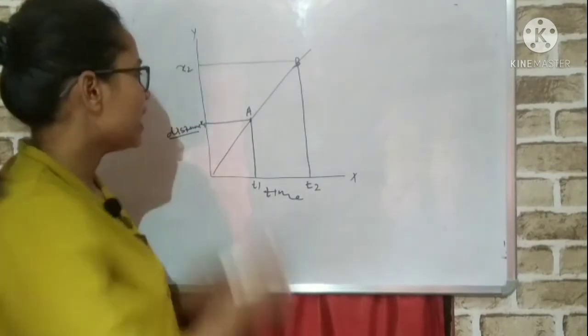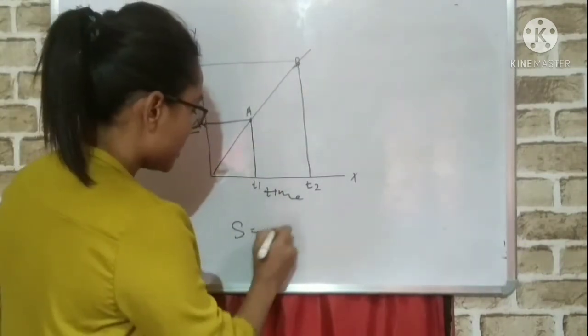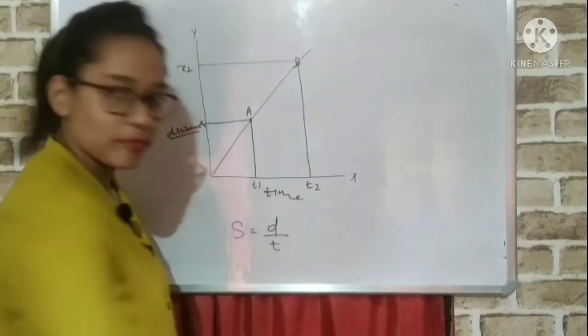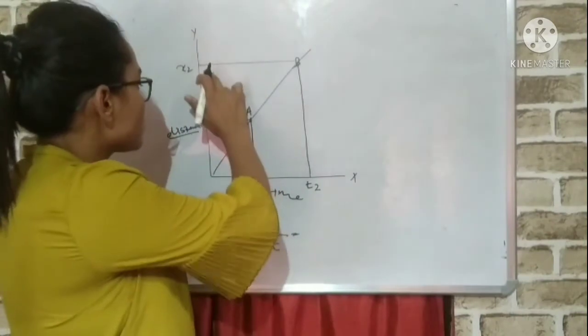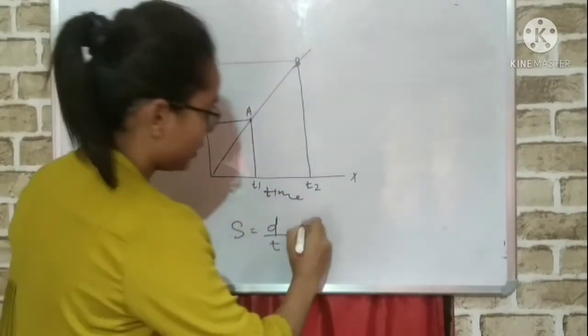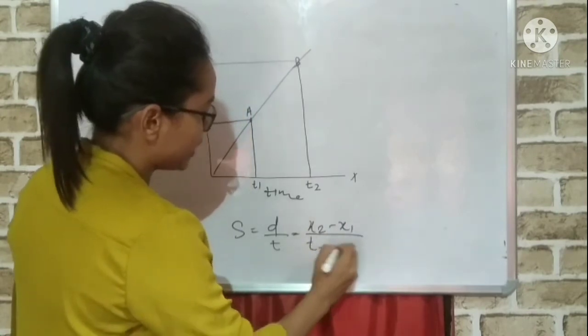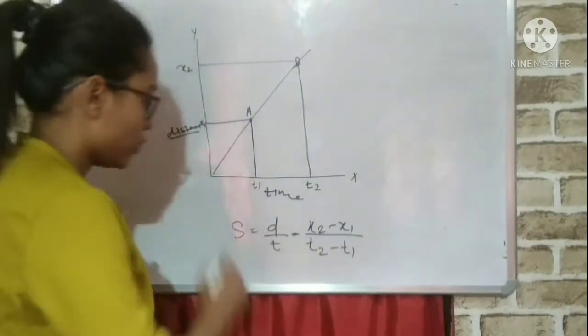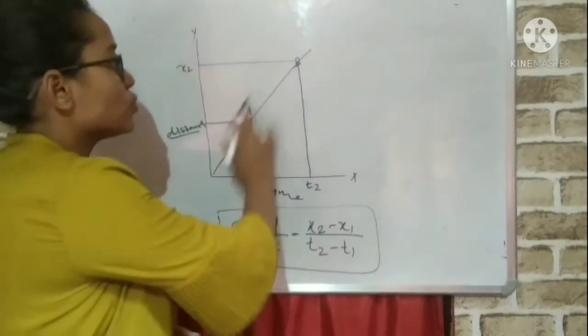Now how do we find the speed? The formula of speed is distance by time, right? So here what will give us the distance? x2 minus x1, divided by t2 minus t1. So in this way we can find the speed between two points.